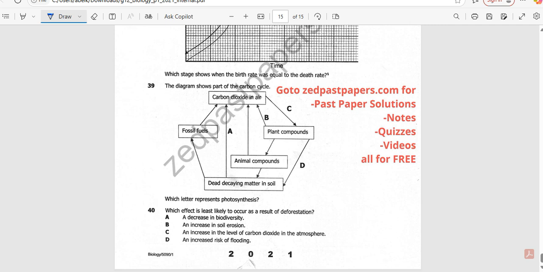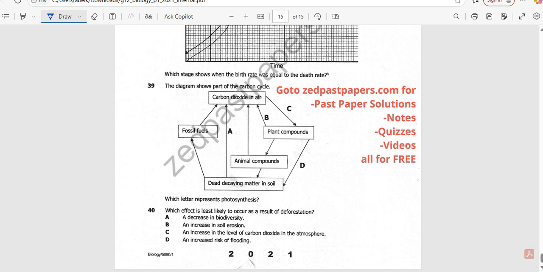Also, when you burn fossil fuels, carbon dioxide is again released into the atmosphere. So combustion, respiration and photosynthesis are some of the processes that take place in the carbon cycle.